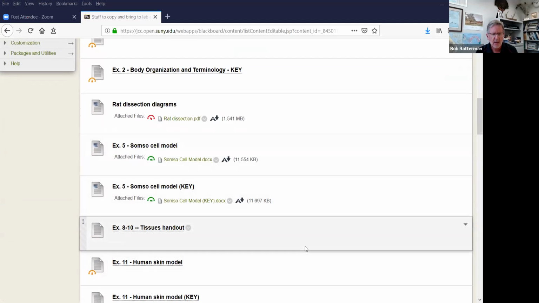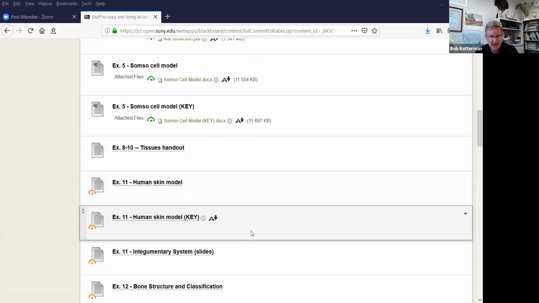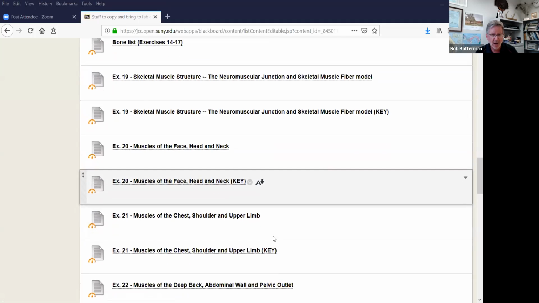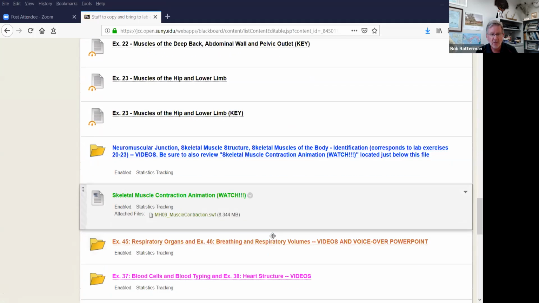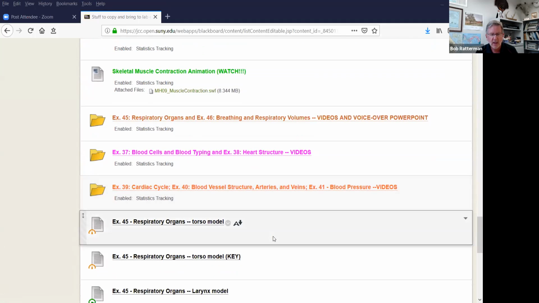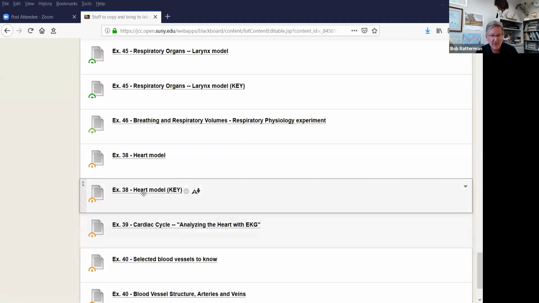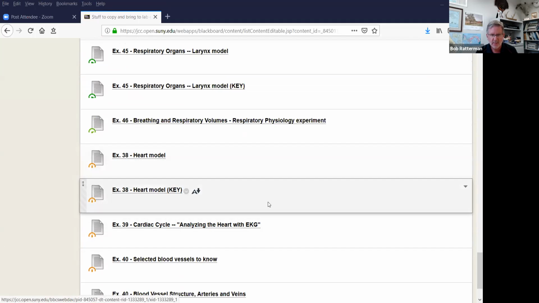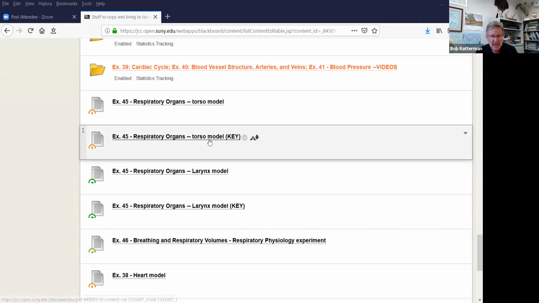But when we do exercises 8, 9, and 10 and beyond, you can see there are some handouts to bring, depending upon what the exercise is. These I'm not bringing for you, right? You're going to copy this off and bring this with you. I have freed up the keys as well as the fill-in parts of the models, so you don't have to bring the key if you don't want to.